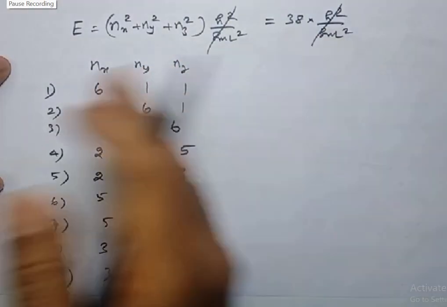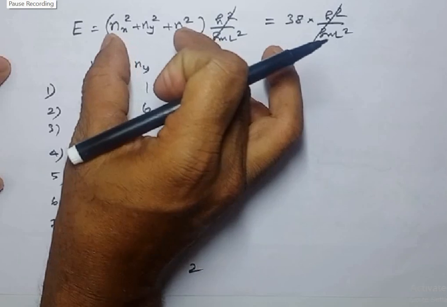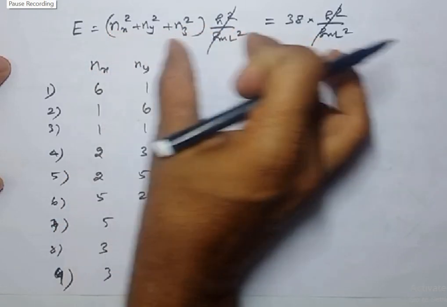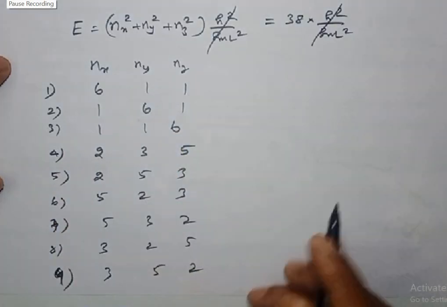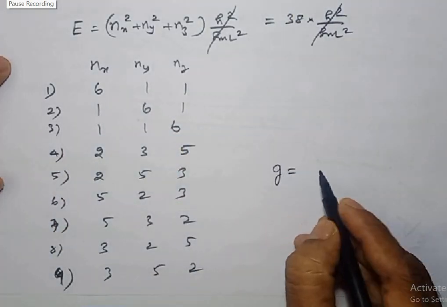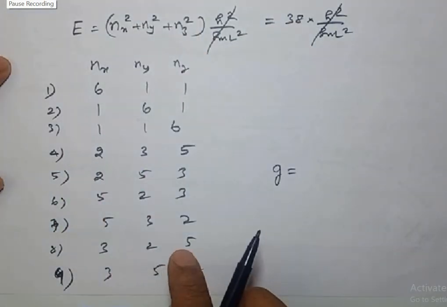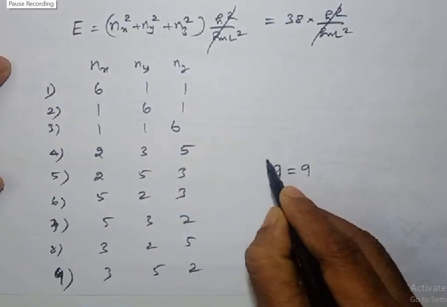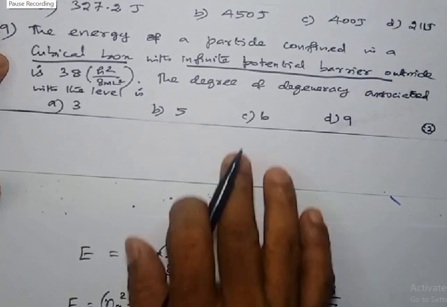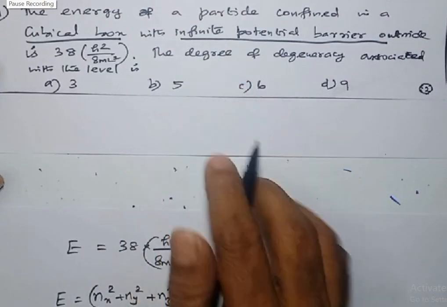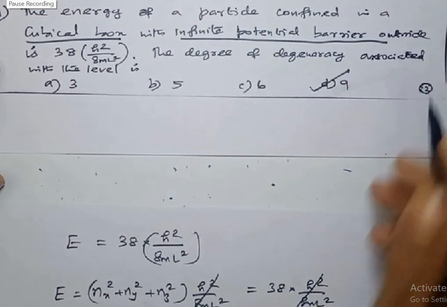Apart from this, no other values will match with this equation. Right? So I have 9 possibilities. Therefore, the degree of degeneracy associated with the energy level is 9. So the correct option for this question is option B. Right?